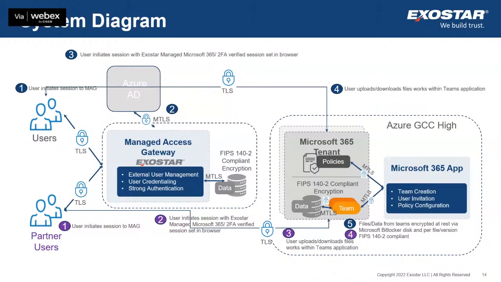So both the Exostar pieces, which also include the people that manage this, right? The Exostar Tech Ops team, Exostar support team, etc. All of those people and systems are also part of the overall solution. And so in this kind of setup, you're only responsible for the left-hand side where you see those users and partner users.